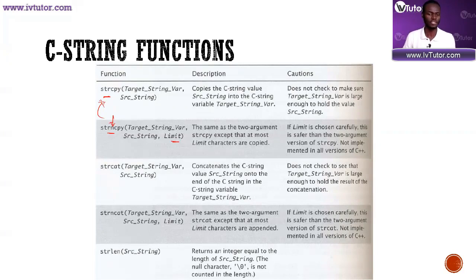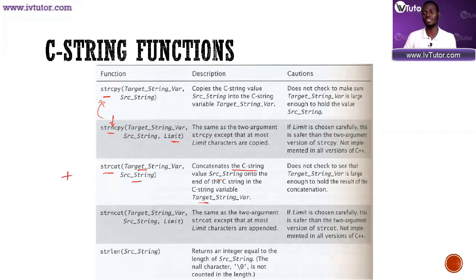The strcat function is used to concatenate two strings, joining them into one string. So instead of using the plus operator, you just use this one, and it takes two arguments, which are the two strings that you are trying to concatenate. And you can see here it concatenates the C string value of the source string onto the end of the C string value of the target string.